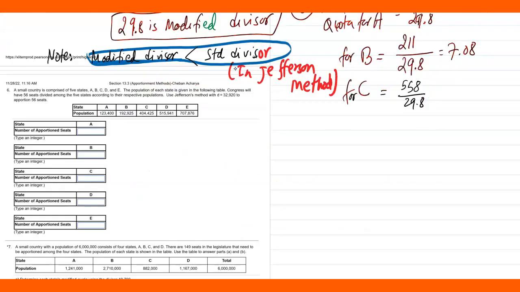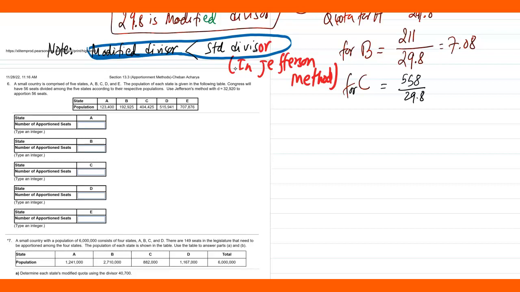Okay. Number 6. Jefferson method. I'm not going to do that. Exactly the same question. Number 6 says this is the population of each state of the country. You don't have to find the total population since you are not using Hamilton. And this question, use Jefferson method.